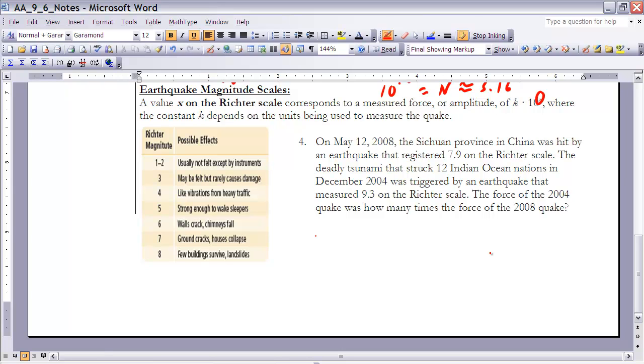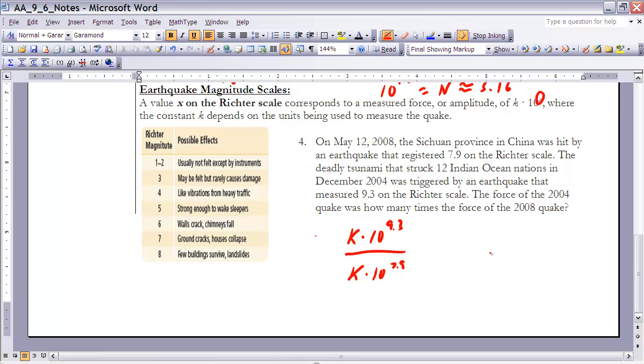Okay, so what we're going to do is take a look at each of those values. If I'm thinking about the heavier one, the 9.3, I'm going to say that's k times 10 to the 9.3 power, whereas the lighter one is k times 10 to the 7.9 power.